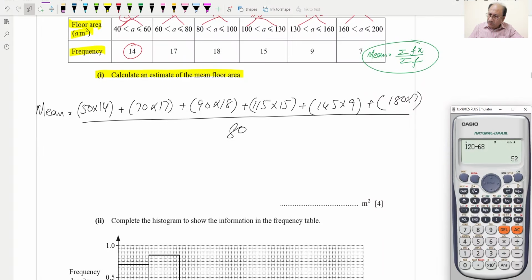We'll have to be careful with this huge calculation.